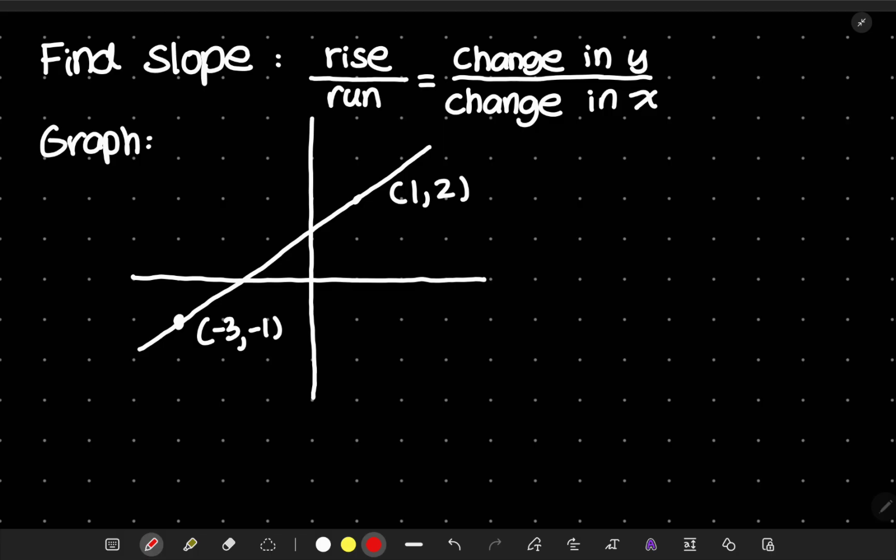It's like using Google Maps or maps in general. In our example here, we can maybe go up, we can maybe go down, we can maybe go left, we can maybe go right. Regardless of these four directions, we have to ask ourselves what makes sense as I'm trying to go from one point to the other. So I'm going to take this left dot right here, -3, -1, and I ask myself, can I go left? Can I go right? Can I go up? Can I go down? Whichever way gets me closer to 1, 2.